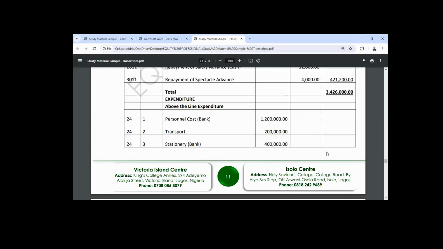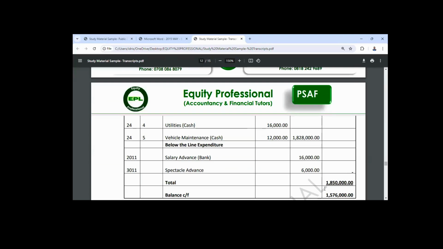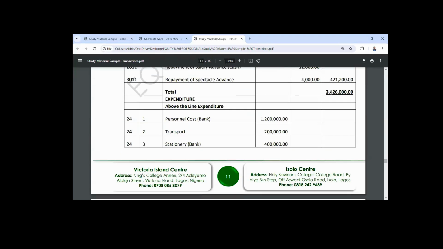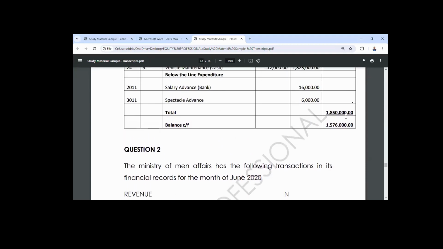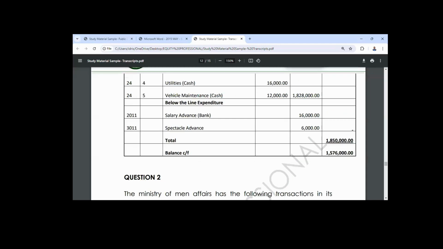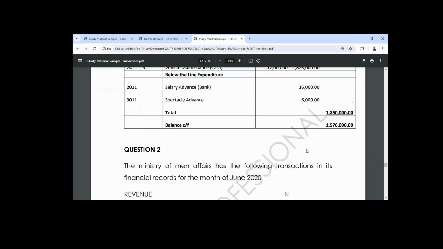Your balance carry forward is going to be 1,576,000. That will be your balance carry forward. That is how we prepare transcript.